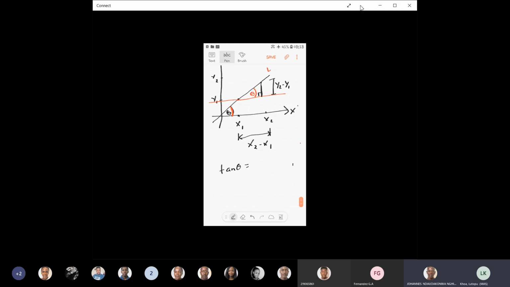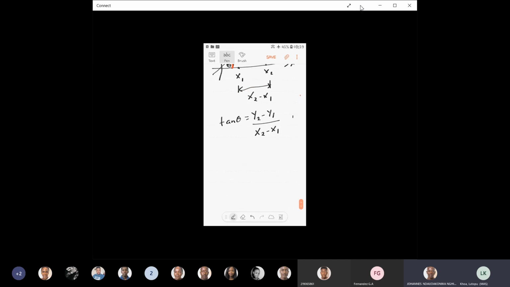This is equal to the opposite, which is this one, which is y2 minus y1. And then I divide it by the adjacent. The adjacent is this one that we have over there. Okay, and that is x2 minus x1. And I'm sure you've seen this formula before.